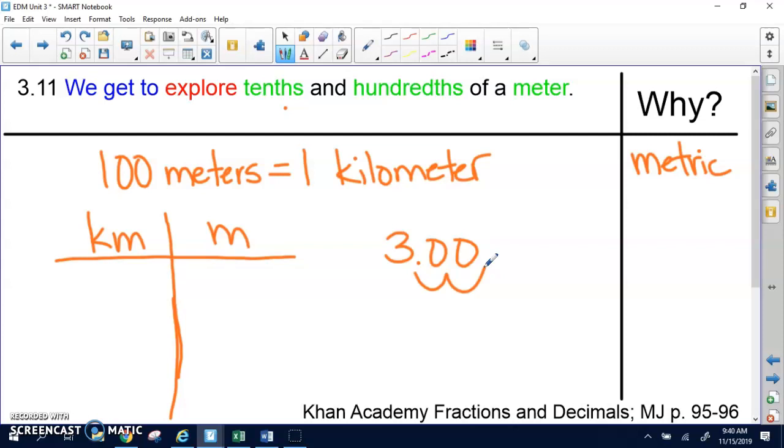Okay. So let's say I have, I don't know, 200. Oh no, that's not right. Let's say I have 200 meters to start with, okay?